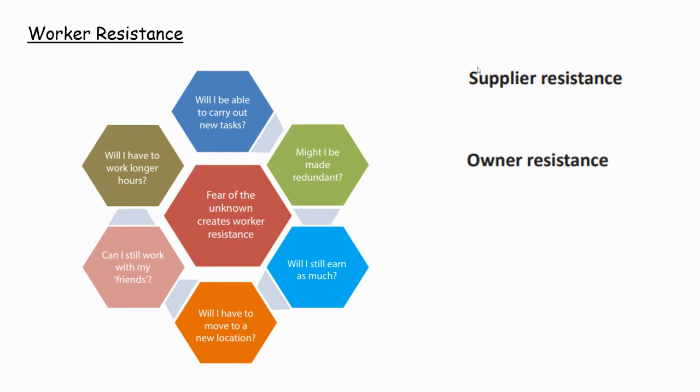And perhaps you need supplies at a short deadline. Perhaps you need more, perhaps you need less, perhaps you need different things, and perhaps they can't meet those needs. Perhaps they'll struggle to meet those needs. Perhaps they've got the fear of the unknown.